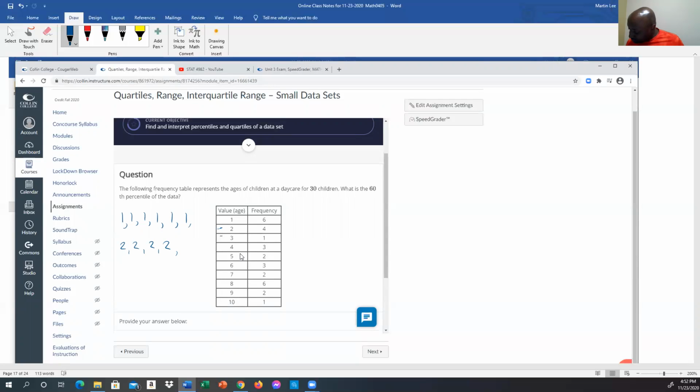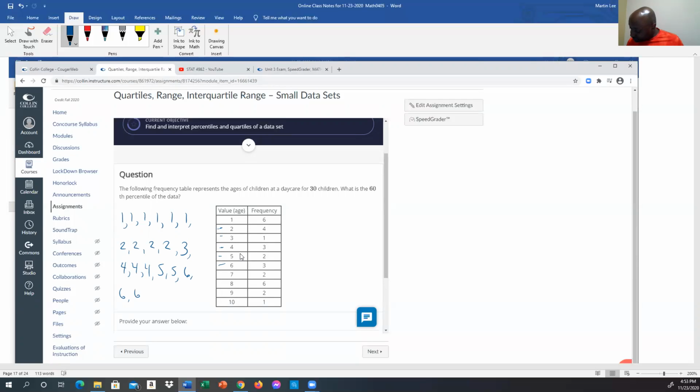Value 3 occurs once, 3. The value 4 occurs 3 times. 1, 2, 3. The value 5 occurs twice. 1, 2. The value 6 occurs 3 times. 1, 2, 3.